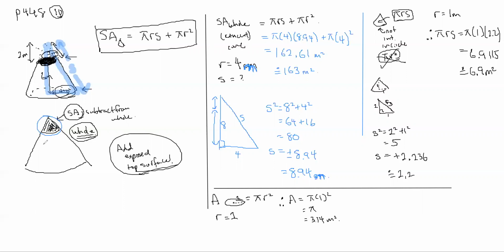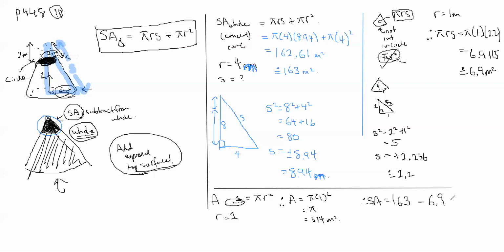So let's backtrack. The surface area of that entire cone, base and all, is 163. But I need to subtract the surface area of that top portion. And that was calculated to be 6.9. But after I cut it off, I exposed a new surface. Instead of the actual cone tip, I have with me a flat circle.